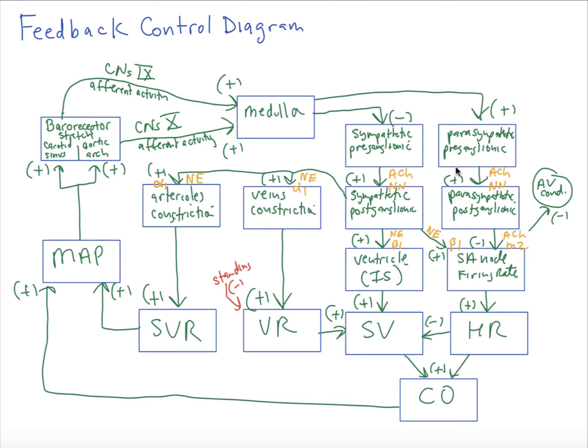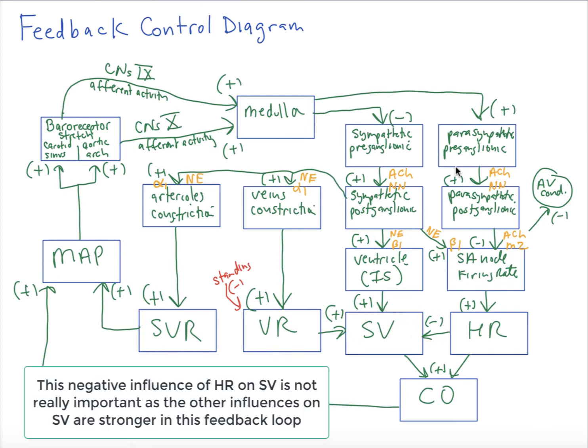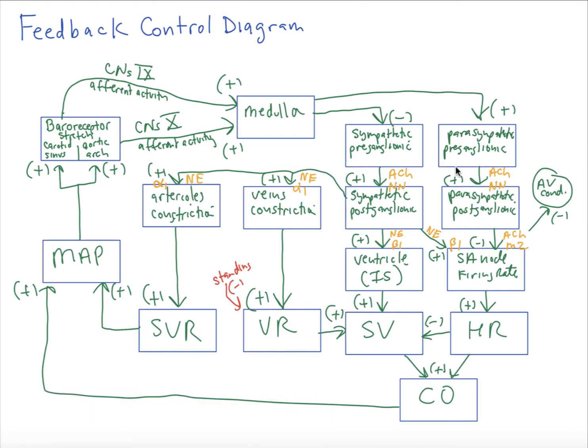If you contract more forcefully, more blood is going to leave. If you contract less forcefully, less blood is going to leave. So that positive relationship makes sense. And then for heart rate, there is a negative influence on stroke volume because of the effects on filling time. Now, if we look at the cardiac output, remember, it is the product of the heart rate and stroke volume. So these both are going to have a positive influence on the cardiac output.